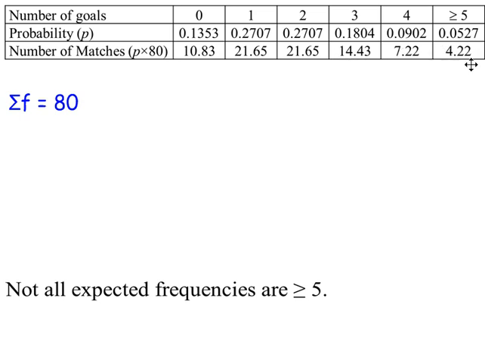We can see that this value is less than 5, so we need to combine these two classes together to get a new one called more than or equal to 4. So we're going to add these two probabilities and these two E-values, and we're going to add their observed frequencies as well.